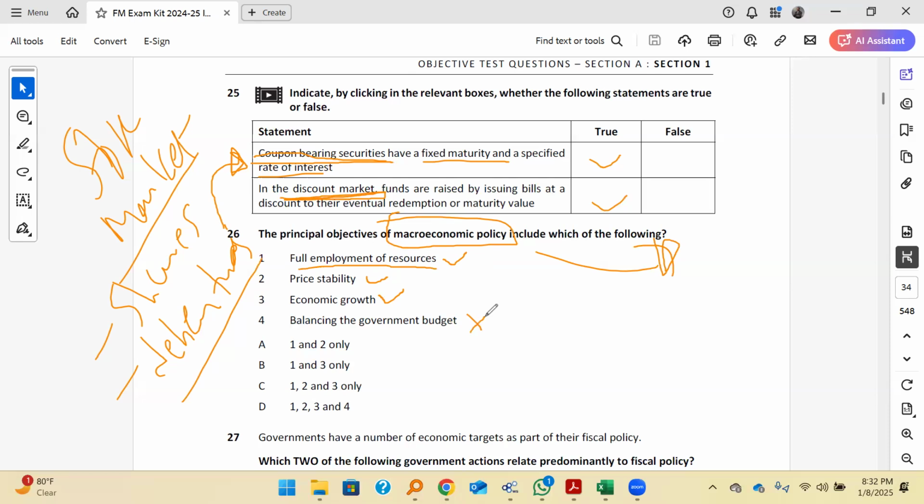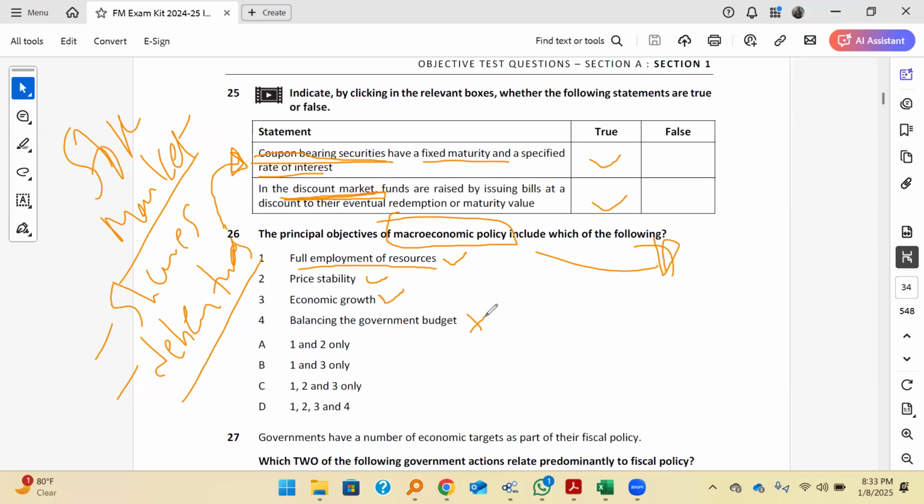So basically, when you look at what government is trying to do with the Bank of Uganda, it's trying to make sure that the resources of the country are fully employed, which can also include the people, but also funds that the government has.